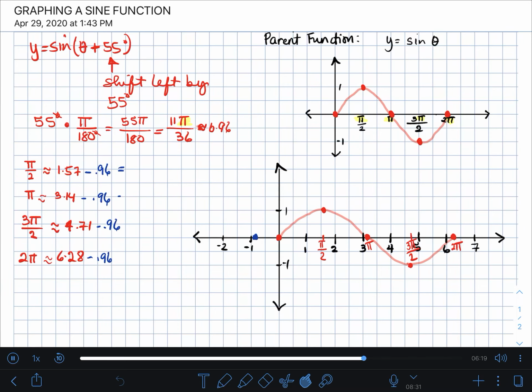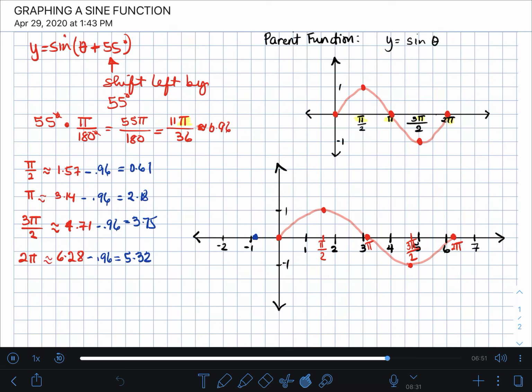That way it's easier for me. So that's going to be 0.61, 2.18, 3.75, and 5.32. Since I did my first point already, because that was an exact value, my second point from pi over 2 needs to go to 0.61. So around here, somewhere there.